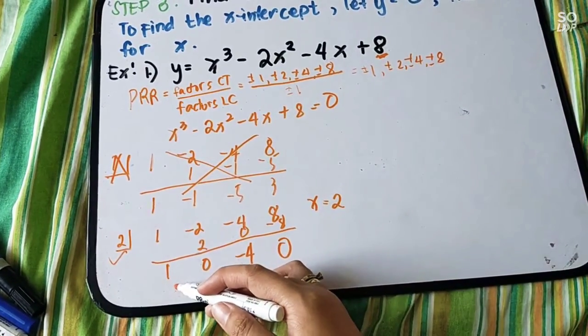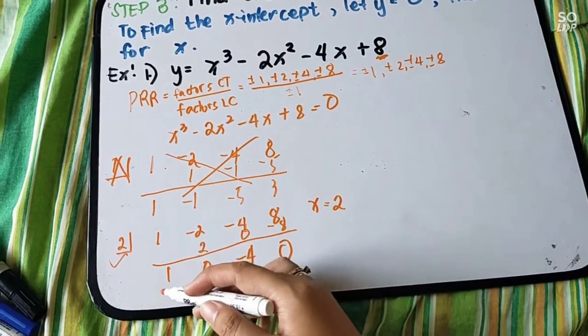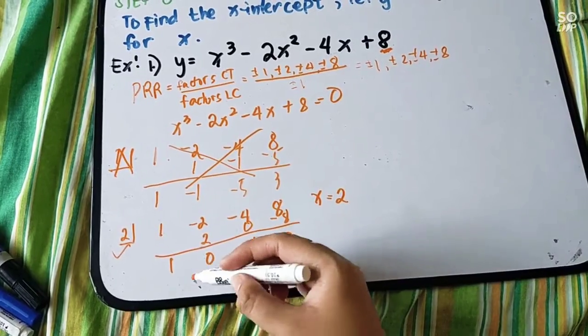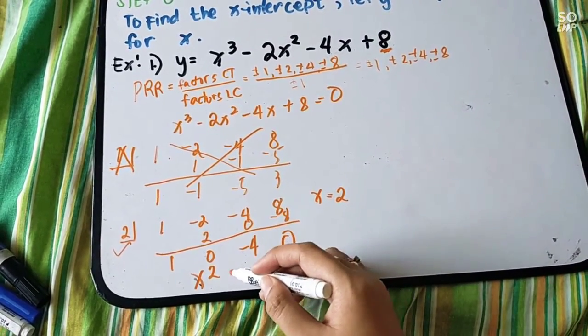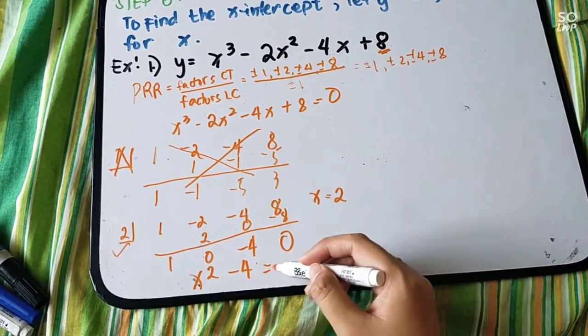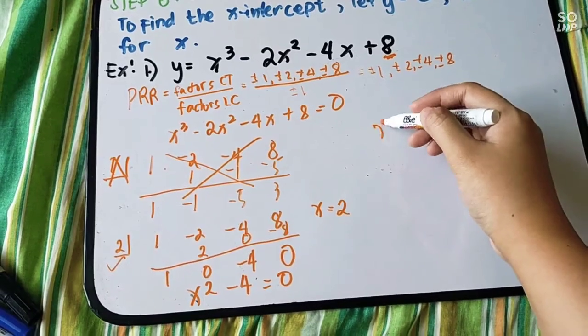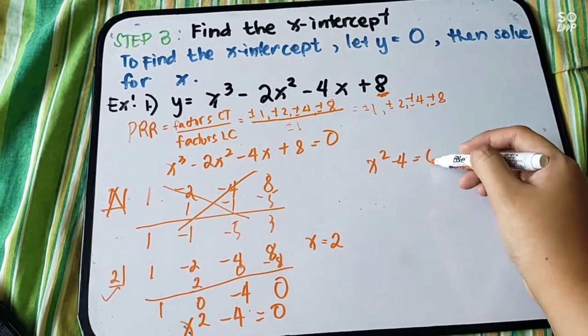Then, change it into polynomials. Since you started with x cubed, this 1 will become x squared. We have no x term because it is 0. Then, minus 4 is equal to 0. So, we have x squared minus 4 is equal to 0.